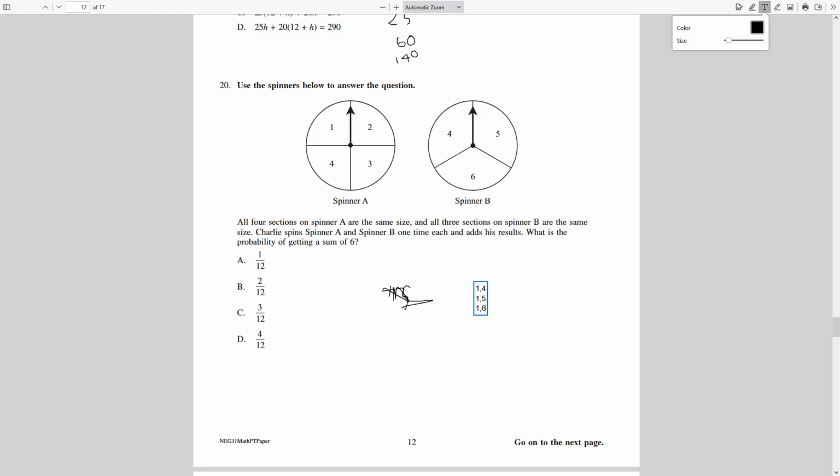1, 6. I'm gonna use dots. No, it's confusing.